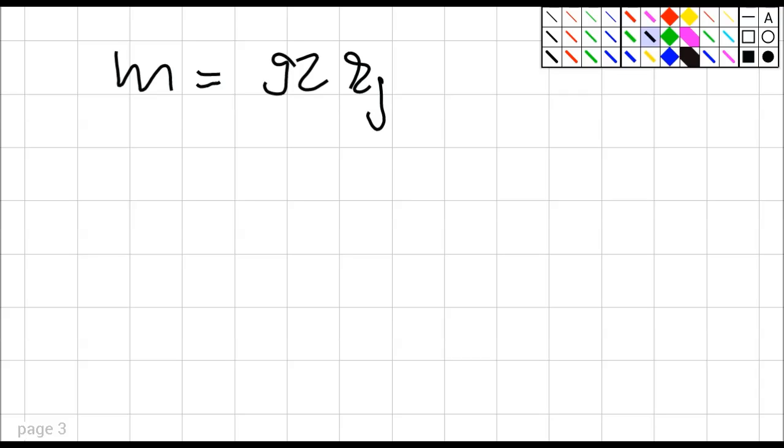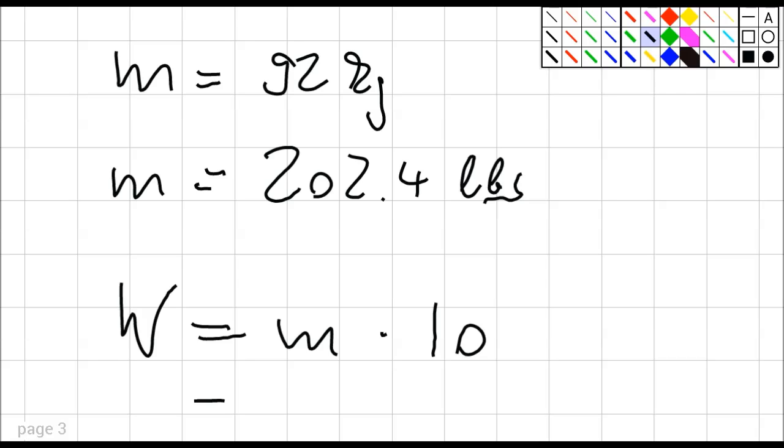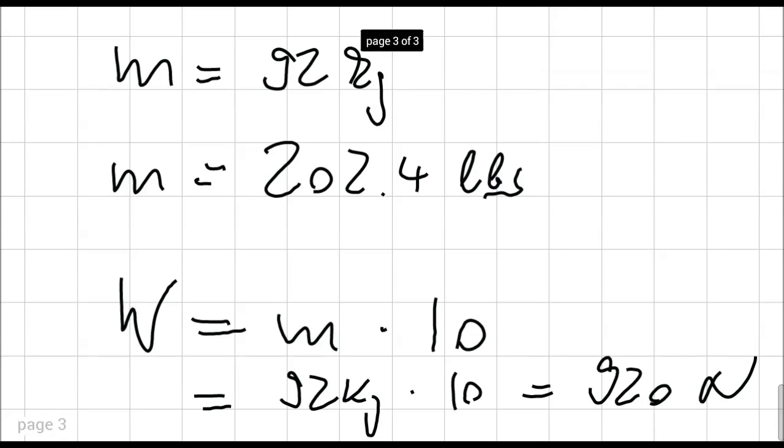If I go to America, they say my mass is 202.4 pounds. If I follow your calculation, you say my weight would be my mass times 10, which would be 92 kg times 10, and for a miraculous reason you change this now into Newton. The result actually is correct, but we don't get there in the appropriate manner.